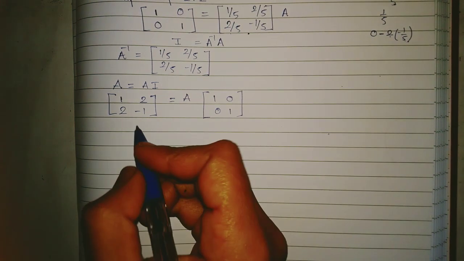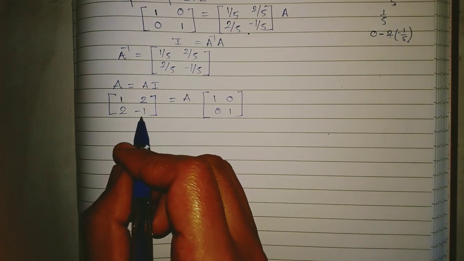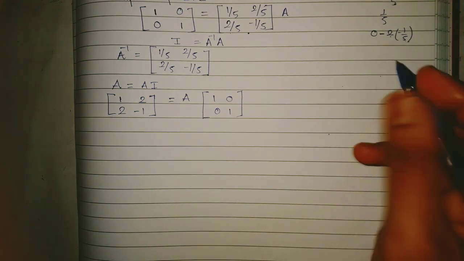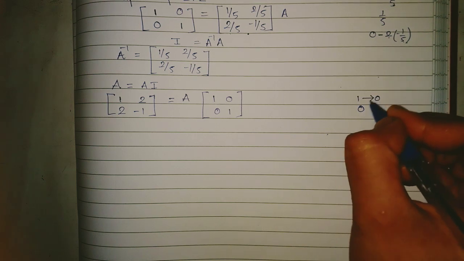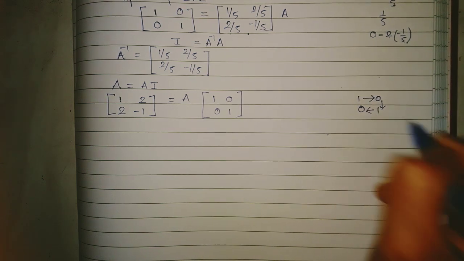So let's start with column operation. You have to start from here, then here, and here.